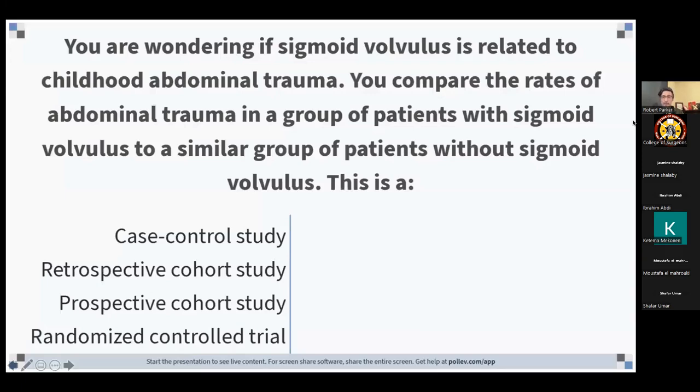And then you're looking at an exposure, kind of going backwards in time to see if there's a difference. And the exposure that I thought of in this is abdominal trauma. I doubt there's a link, but I really doubt anyone's ever studied this. It maybe isn't even that relevant or interesting to study, but it is a good question to come up with a study design.